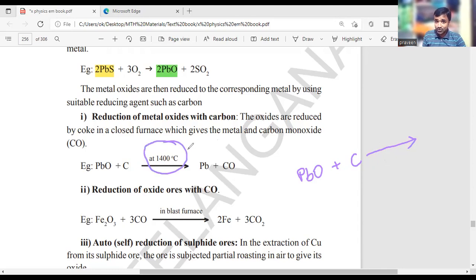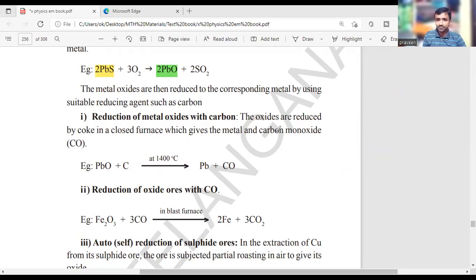This reducing process can also be discussed as a pyrochemical process. That pyrochemical process is carried out in a particularly built tool, which is called a blast furnace. That process we will discuss here.